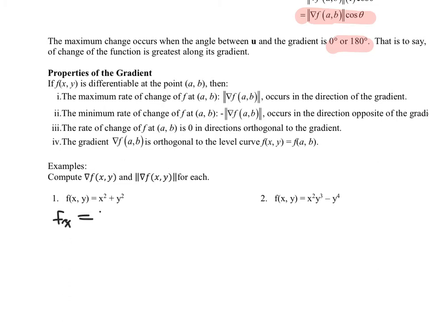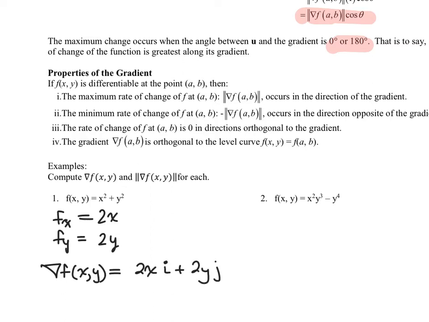Partial with respect to x was 2x. Partial with respect to y is 2y. So the gradient with respect to x, y would be 2x i plus 2y j, just multiplying by the standard unit vectors. No angle was given, so it's just i and j.